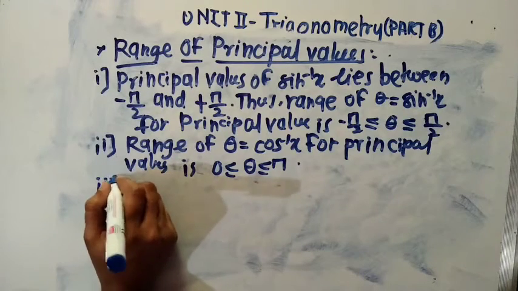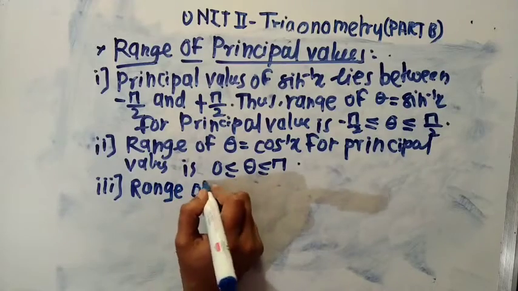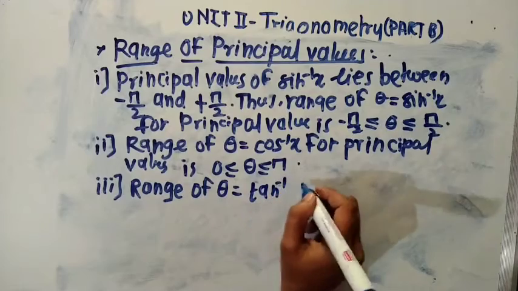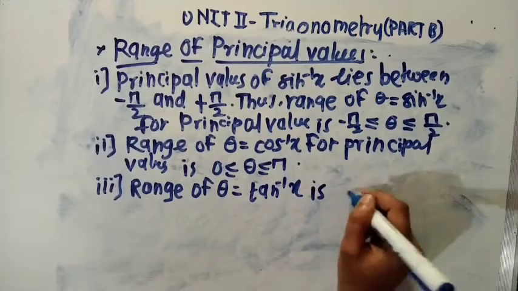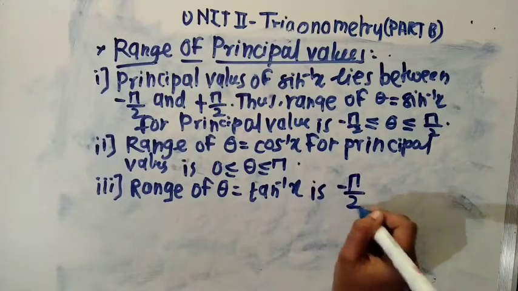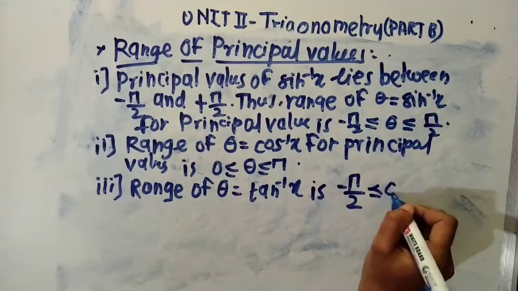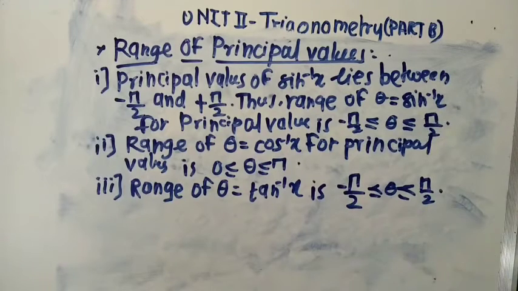And third, the range of theta is equal to tan inverse of x. The principal value is minus pi by 2 less than or equal to theta less than or equal to pi by 2. Okay. Then in the next chapter we will study examples on this formula.